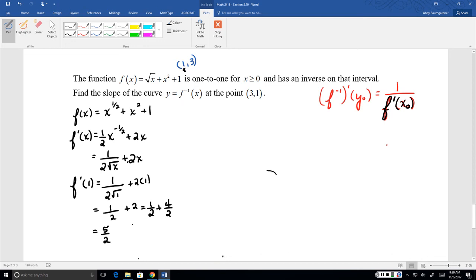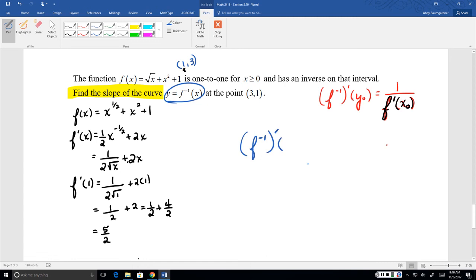So I don't have to go find my inverse to actually be able to answer this question, right? The slope of the curve is just derivative. So if the curve is f inverse, then what they're telling me to find is f inverse's derivative at a particular y value.